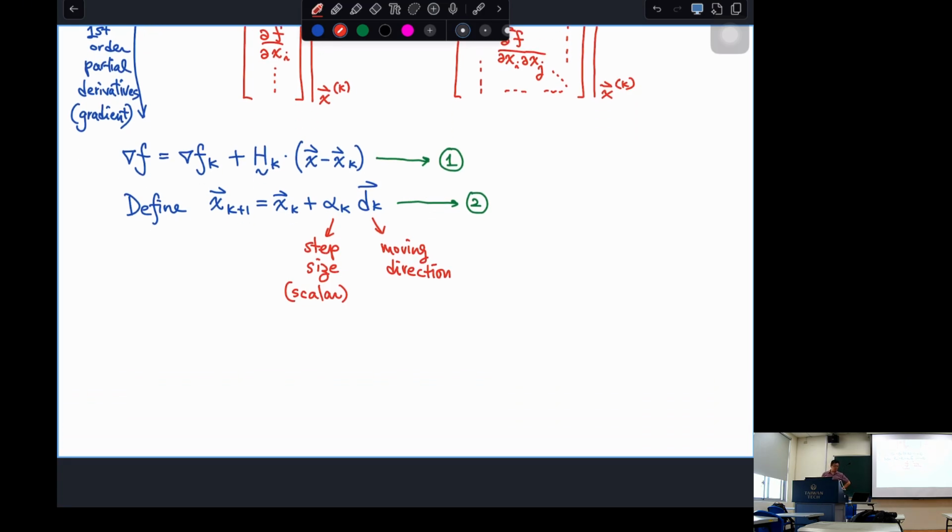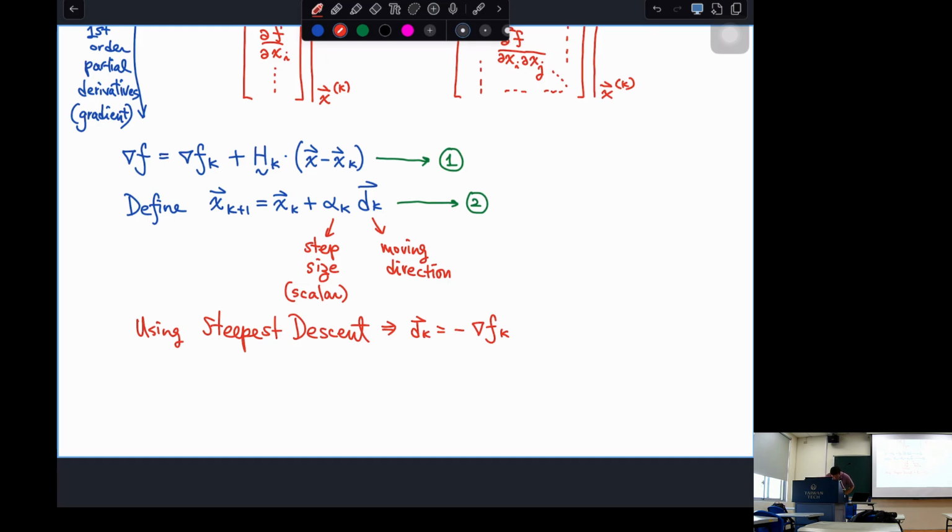Right here, there are more new definitions. If we are actually using steepest descent, in this case dk is negative gradient k, right? This is what we already know.